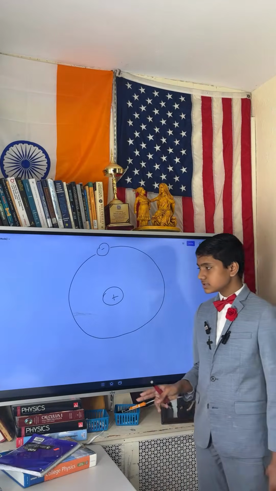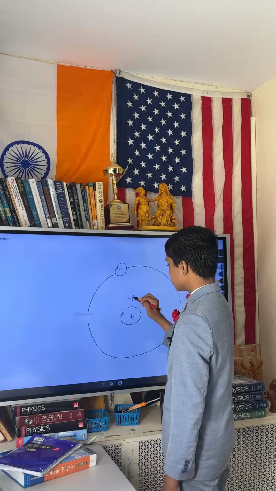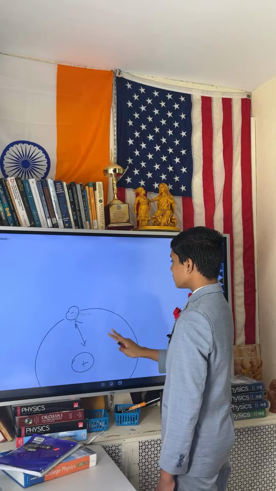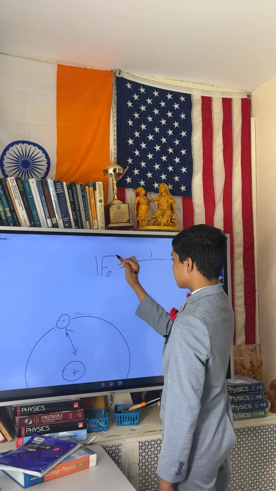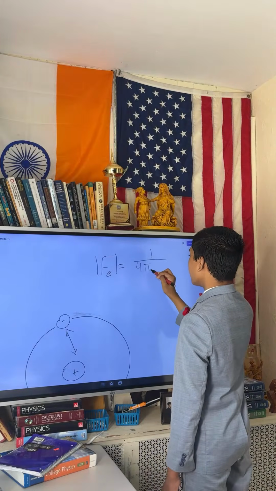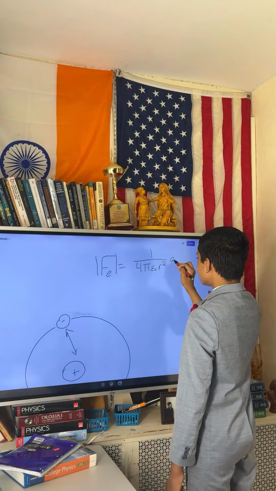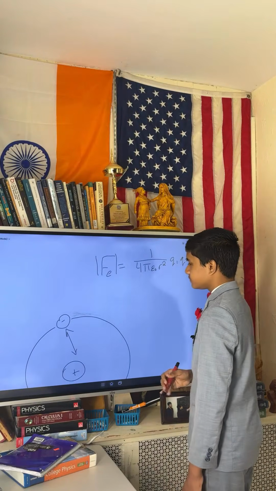Now, what's the potential between these two? Well, the magnitude of the force by Coulomb's law is 1 over 4 pi epsilon naught r squared multiplied by q1 q2.